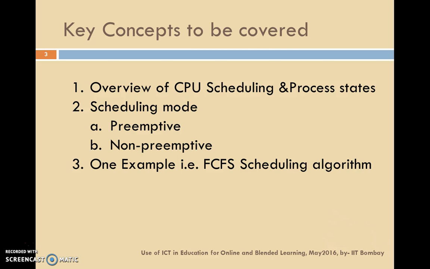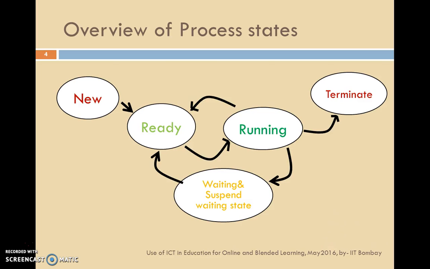Key concepts covered in this video. Let's get started with process. A process is a program in execution. At the time of execution, in the process life cycle, there are many stages. Here we mention some stages: new, ready, running, terminate, and waiting.